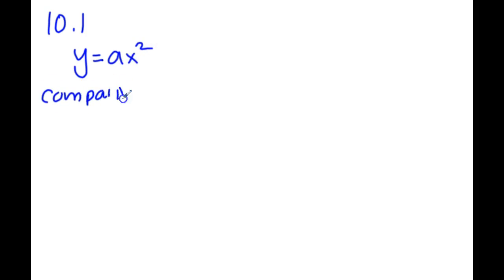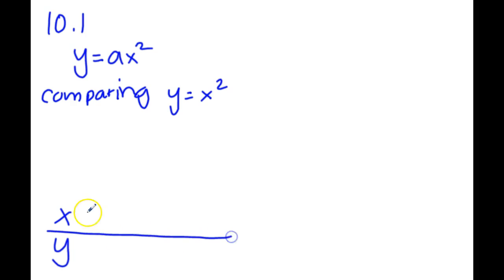A couple other quick questions for your review. From 10.1, this was graphing y equals ax squared, or comparing your graph to y equals x squared. So this is where we made xy tables, and we had to graph on our coordinate plane.